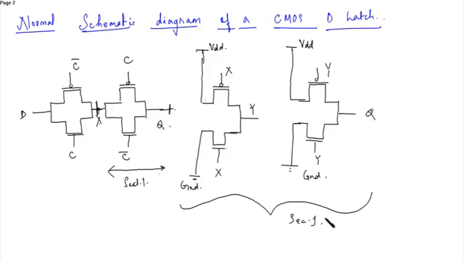If you want to draw the transmission gates in a different way, you can see over here that we put a contact like this. We could have joined it directly without placing this contact. So now let's see another form of the schematic diagram.